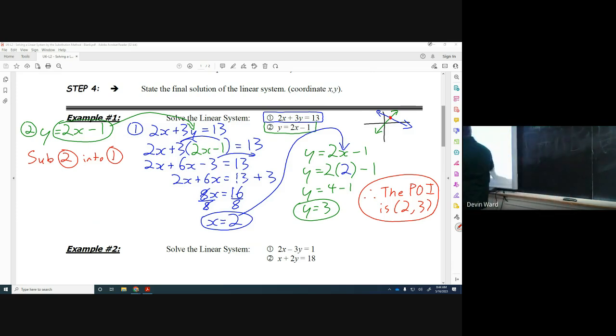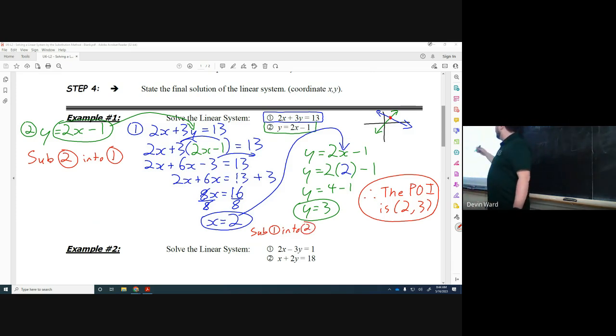And then what we did here was sub equation 1 into 2. So it doesn't matter the order that we do it in, but we're always going to sub 1 into 2 and then 2 into 1, or 2 into 1 and then 1 into 2.